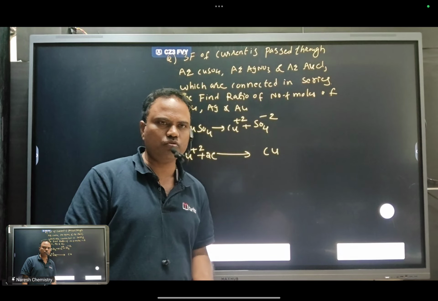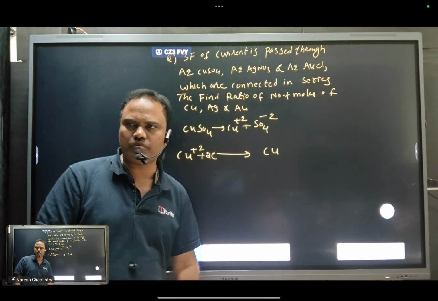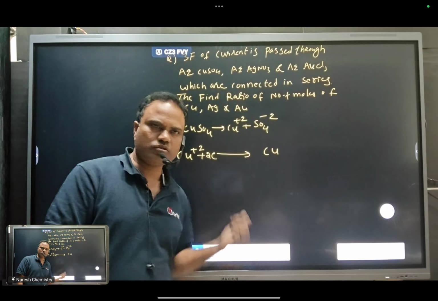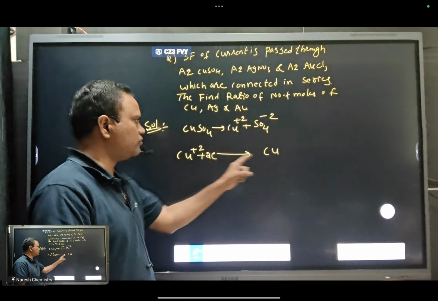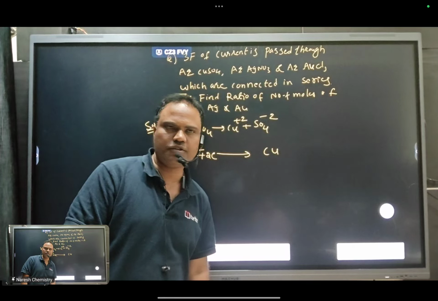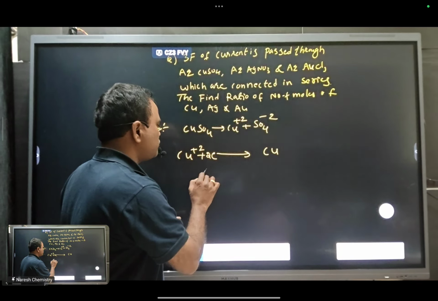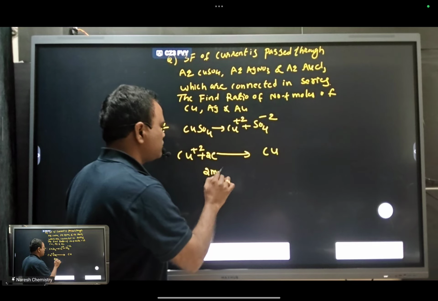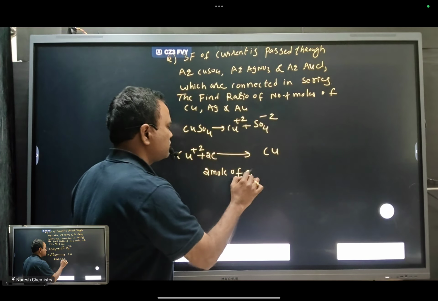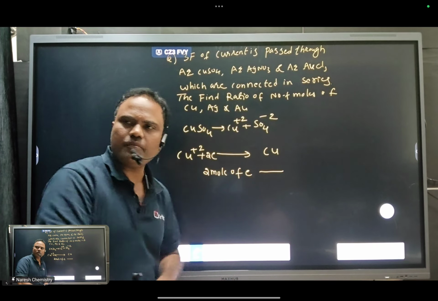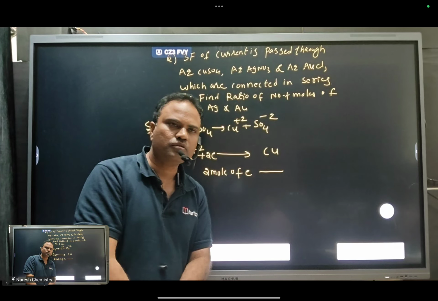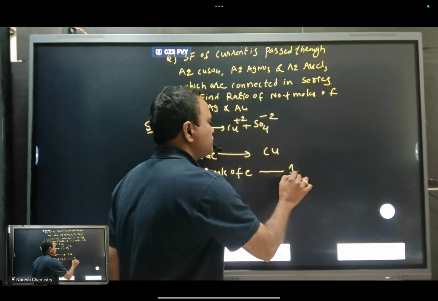According to stoichiometry, we consider moles only, the stoichiometric coefficient: 1 mole, 2 moles, like that. You tell me, when we use 2 moles of electrons, how many moles of copper are depositing? 1 mole of copper is depositing.